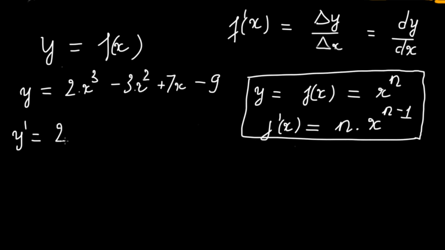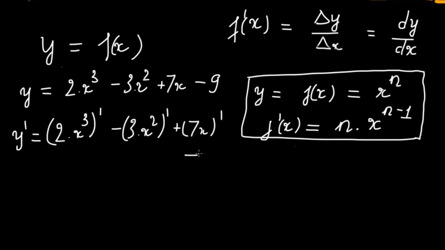We put 2 times x to the third prime, subtract 3 times x squared prime, plus 7x prime, minus 9 prime. And you see the prime here is with respect to the variable x.